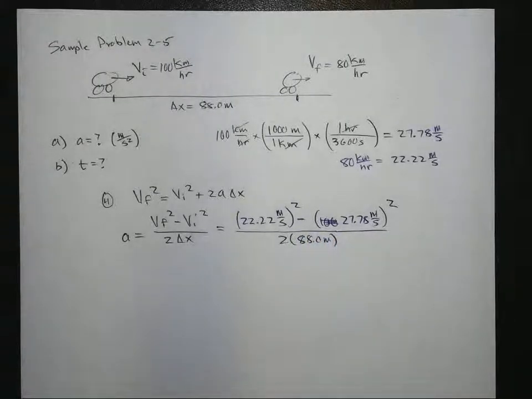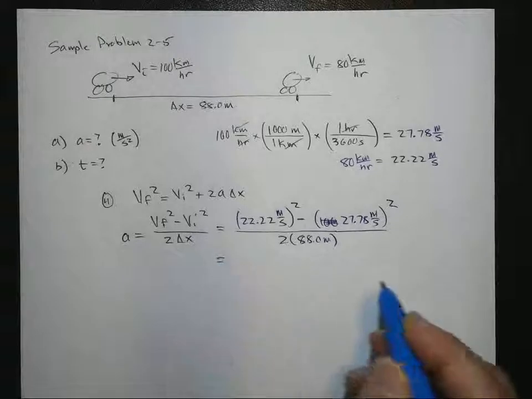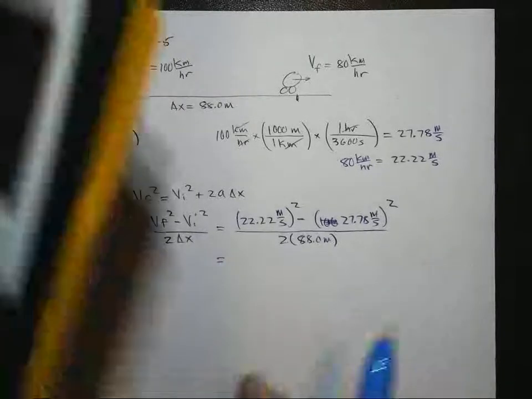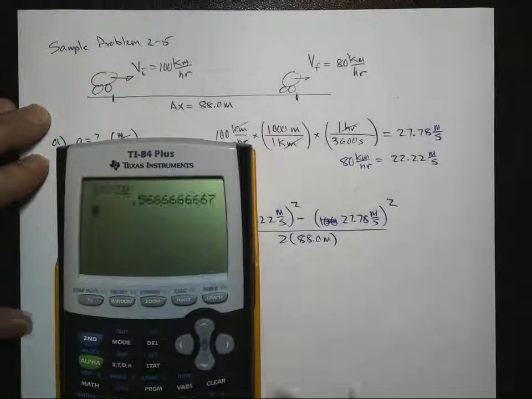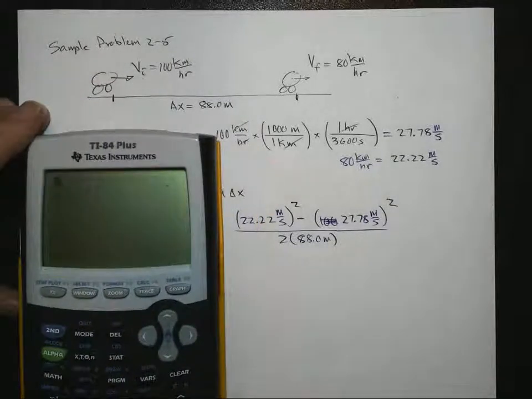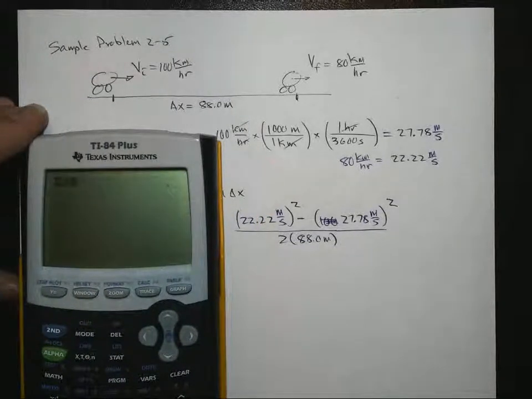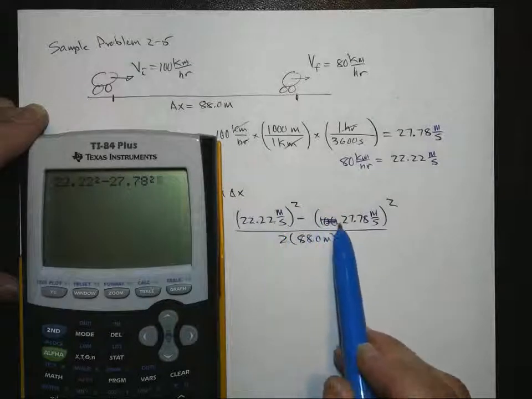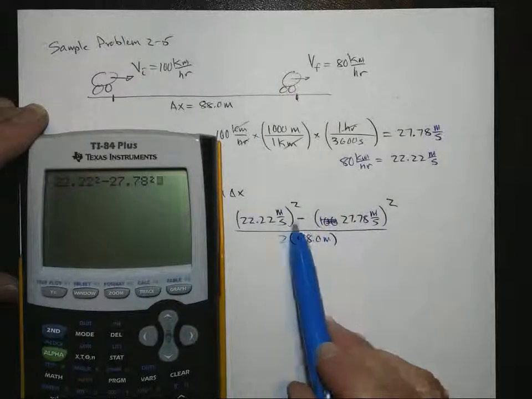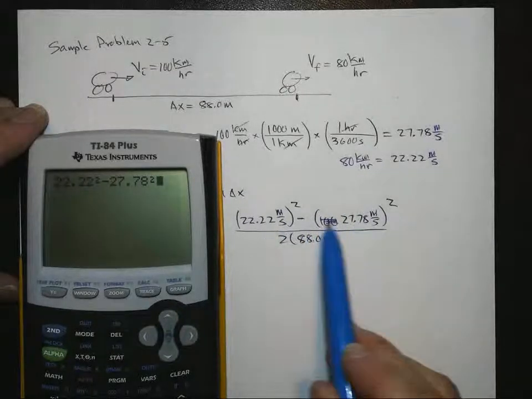Okay, now on a calculator, if we bring out our trusty calculator and turn it on, and it will work, we hope, we'll take 22.22 squared minus 27.78 squared. When you square and then subtract, you're going to get a negative because you're subtracting a larger number from a smaller number.